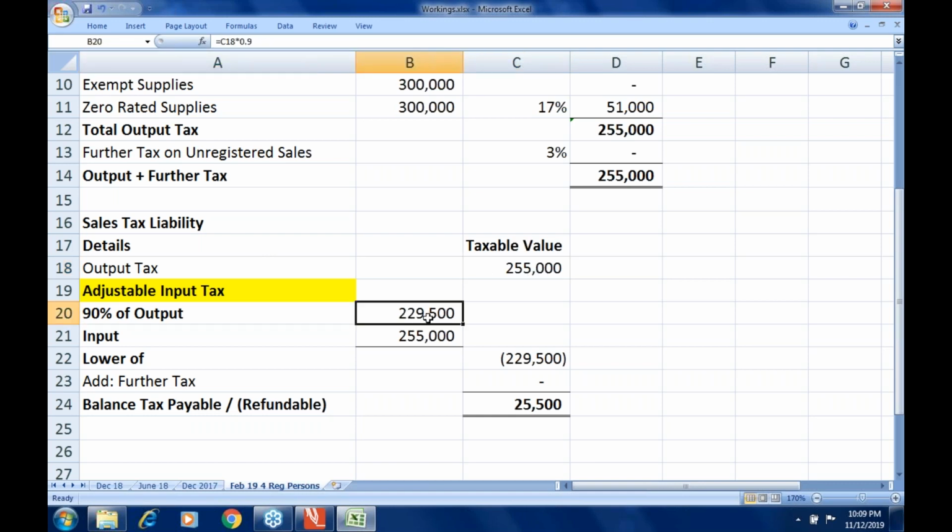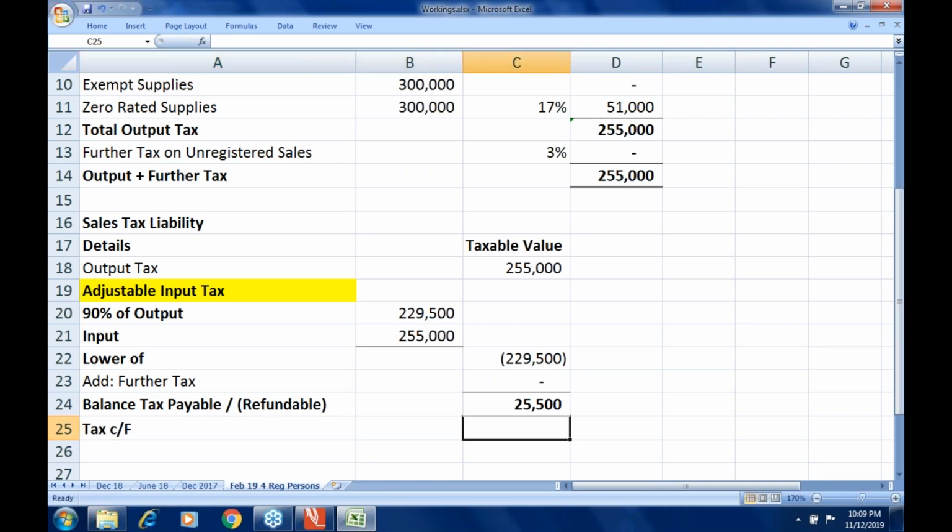The input tax is 255,000, but the adjustable input tax is the lower of 90% of the output or the actual input. So 90% of the output is going to be adjusted, and resultingly 25,500 is going to be the tax payable. And there is going to be a tax carried forward also.